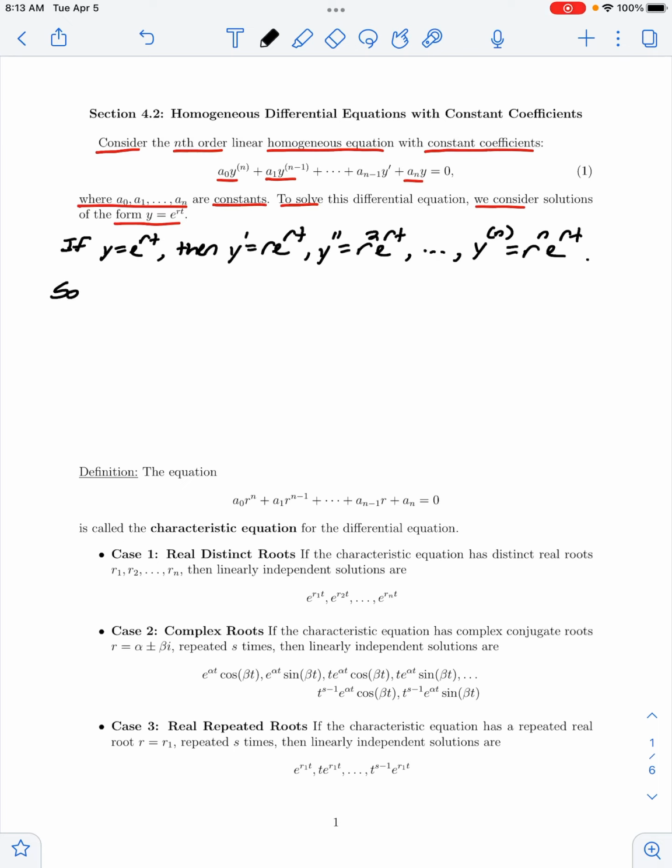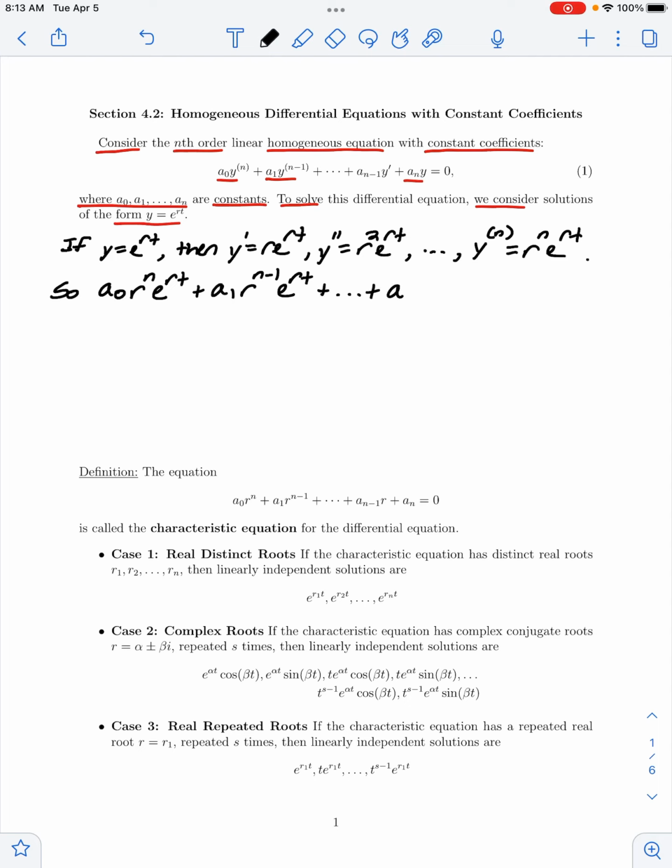So if we substitute these expressions into our differential equation, we have a naught times the nth derivative, which would be r to the n, e to the rt, plus a1 times the n minus 1 derivative, which would be r to the n minus 1, e to the rt, and so on.